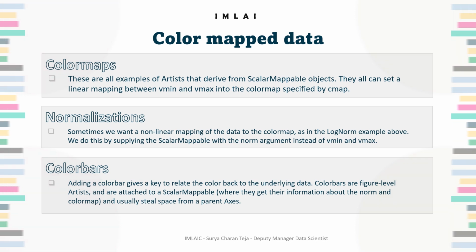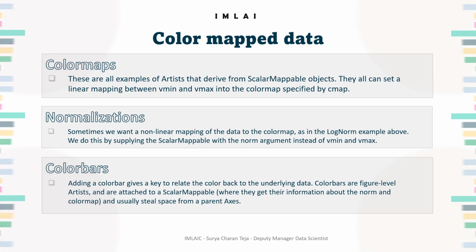You can also change the appearance of color bars with the extend keyword to add arrows to the end, and the shrink and aspect to control the size. Finally, the color bar will have default locators and formatters appropriate to the norm, and these can be changed as for other axis objects.